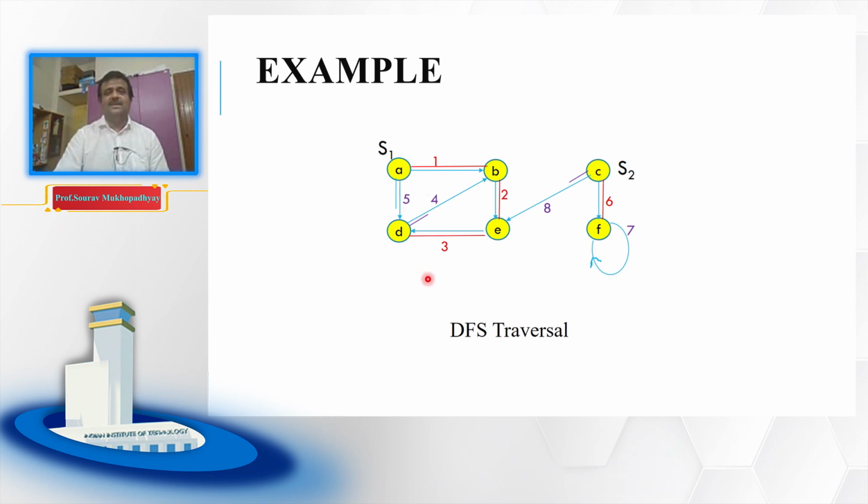But here DFS cannot give us the shortest path. For example, from this vertex to this vertex, this is the shortest path, but DFS visits this vertex after going all the way to this. So, depth first search will not give us the shortest path, whereas BFS can.